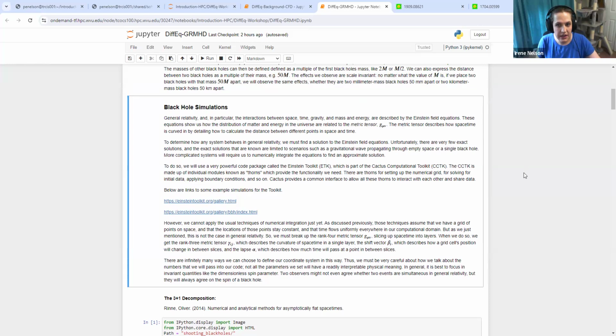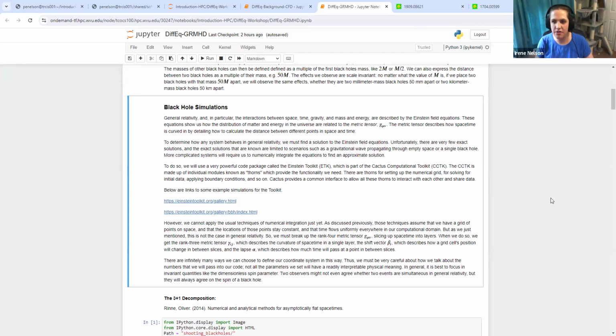So as I mentioned, the fundamental thing that we're looking at are the Einstein field equations, and these equations relate the distribution of matter and energy in the universe to some metric tensor that we call G, and we can see here it has subscripted indices. So this is a tensor quantity.